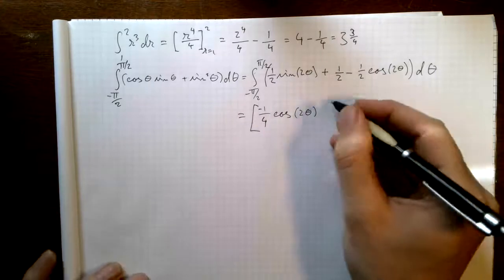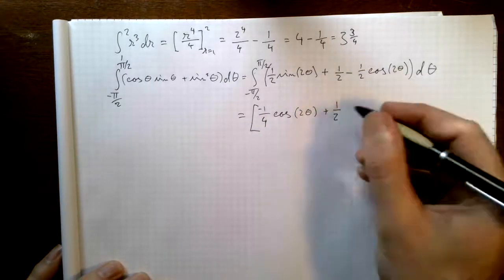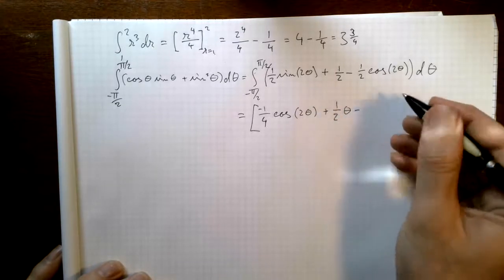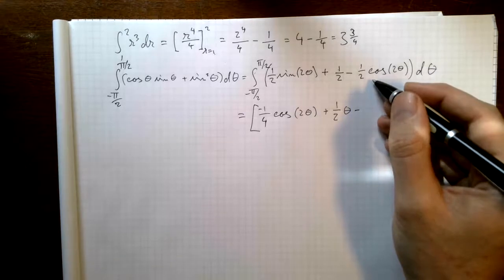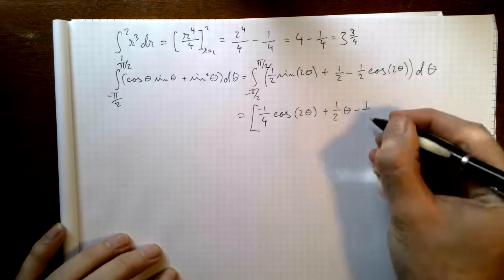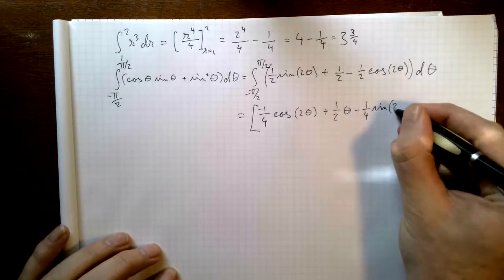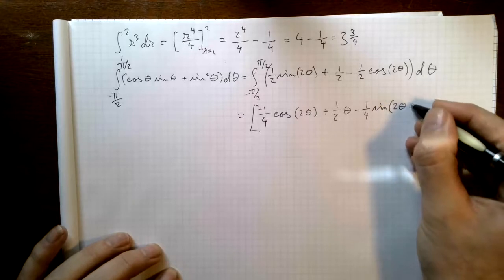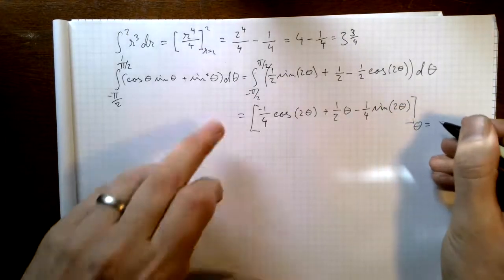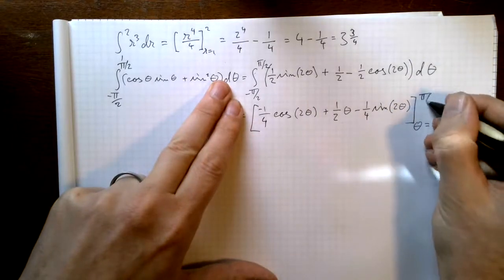Okay, so that works. Over here I have 1/2 theta, and the antiderivative of cosine is the sine, and there's a 2 again, so a quarter sine 2 theta. And this is when theta goes from minus pi over 2 to pi over 2.